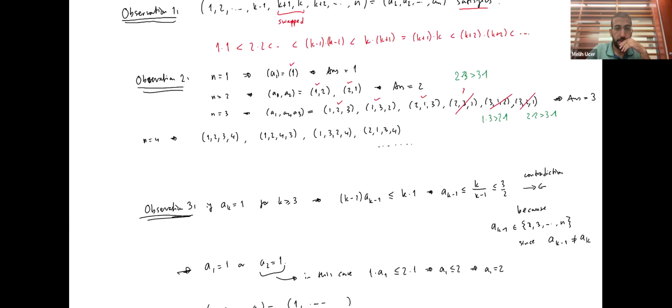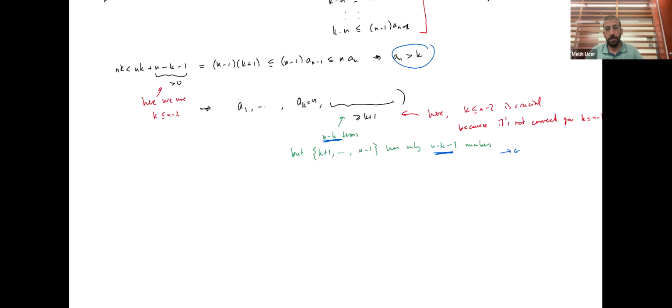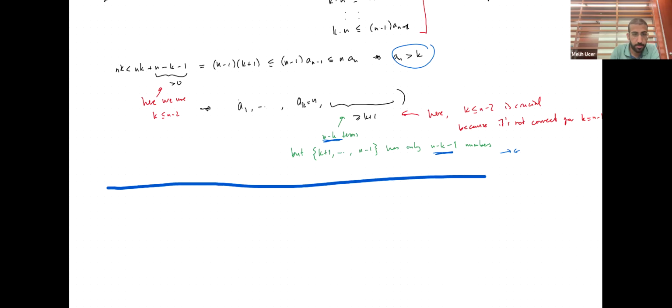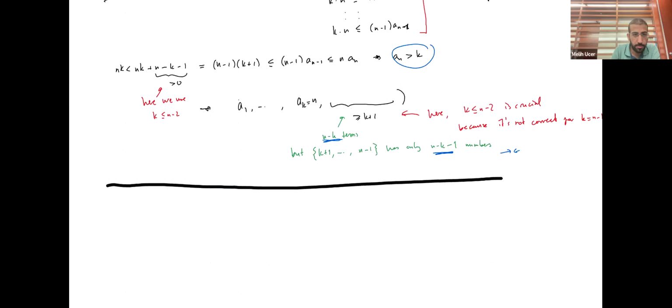Let's just write this as a solution neatly, and then pass to the number theory problem after this. Okay, solution 1, let's say, because it will be based on our observation 4.